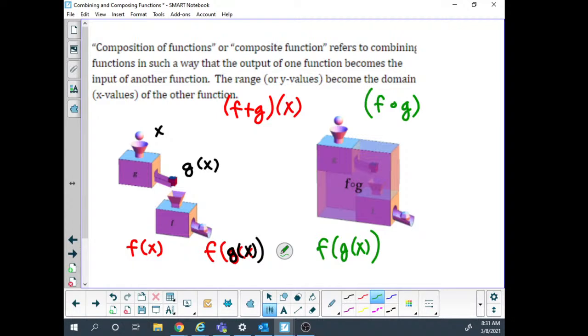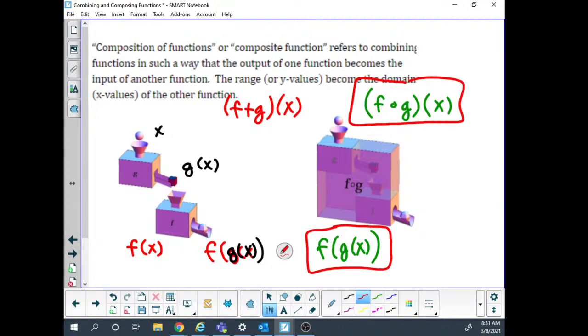It's an open circle, an operation you can find in your Google Doc. We would say f of g of x, or f composed with g of x. You can write it either way. These are equivalent.